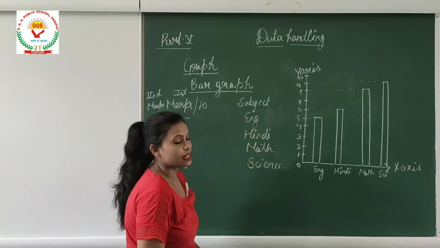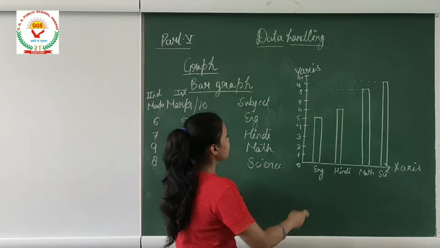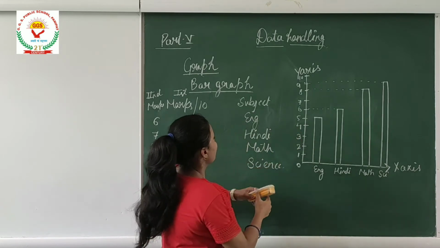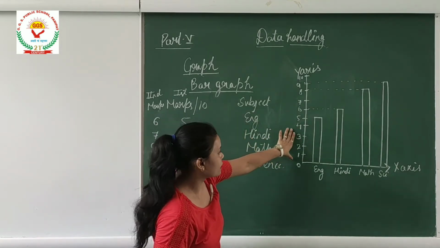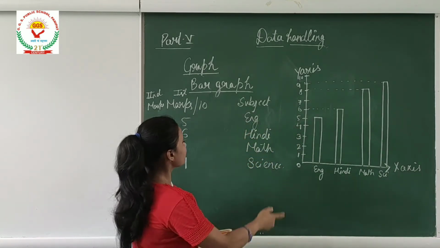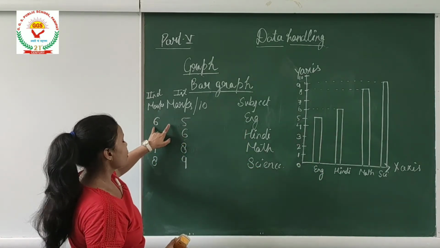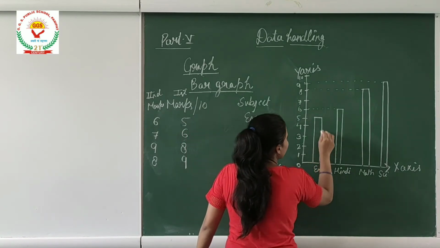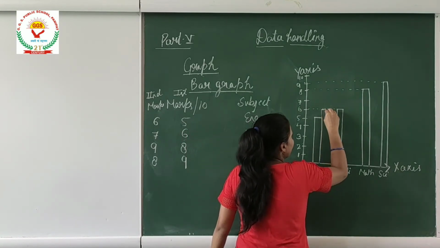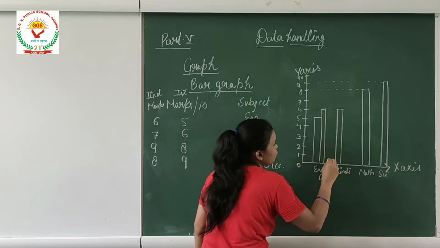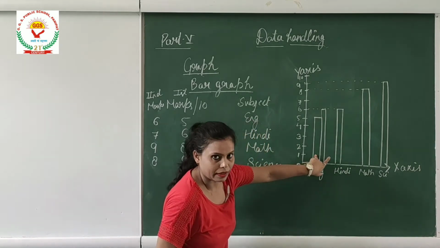First data we have shown like this. Second data we show along with this data. English consists of 6 marks, so we will draw another bar with it to represent the double data.